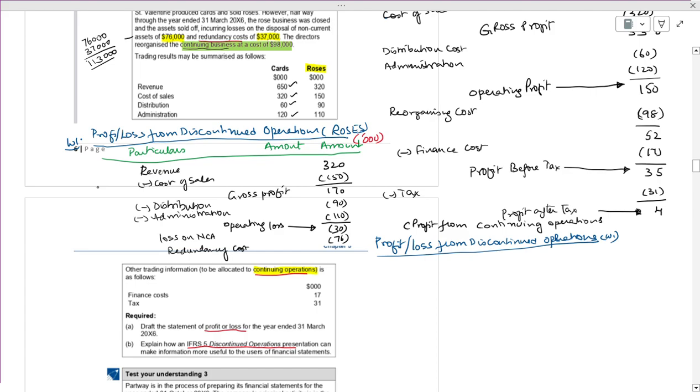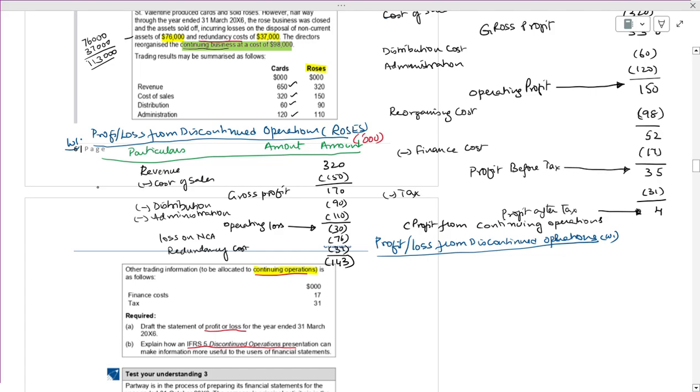Redundancy cost is 37. How much you will get? Minus 30 minus 76 minus 37. Minus 143.